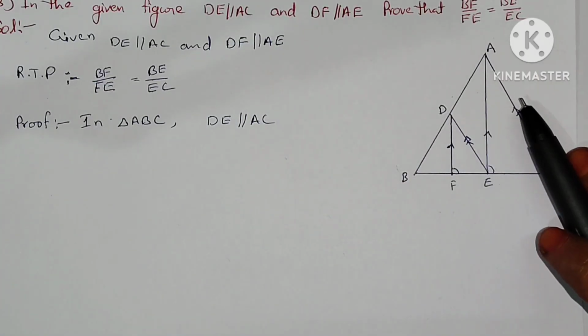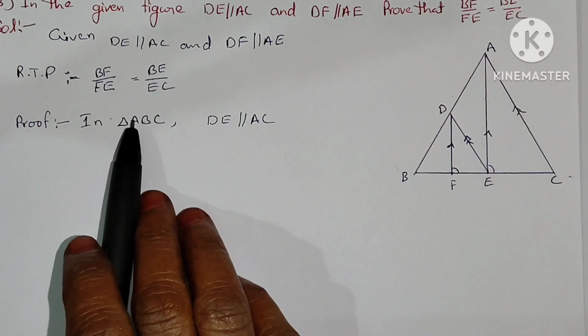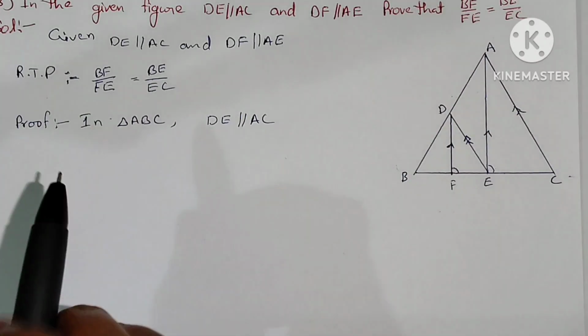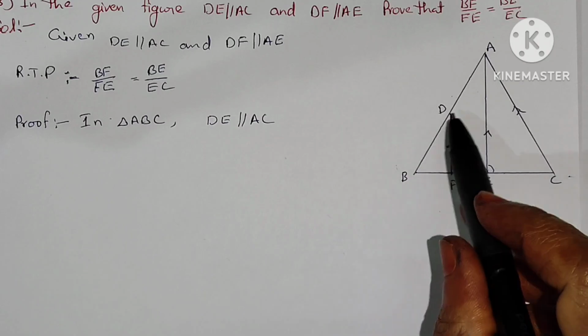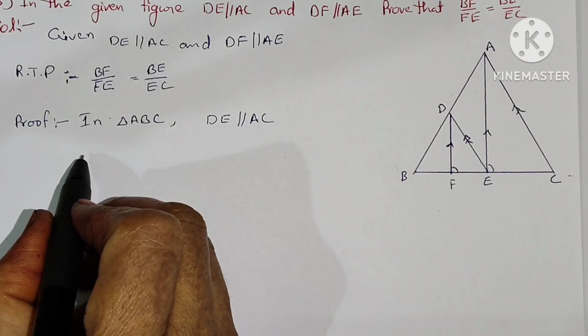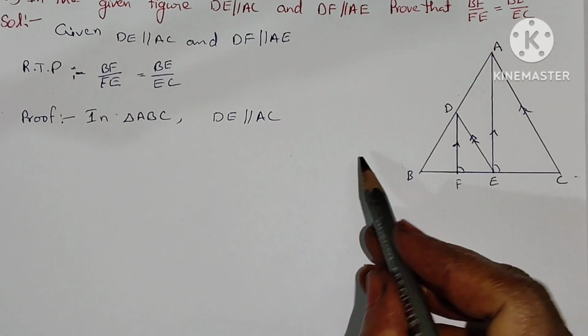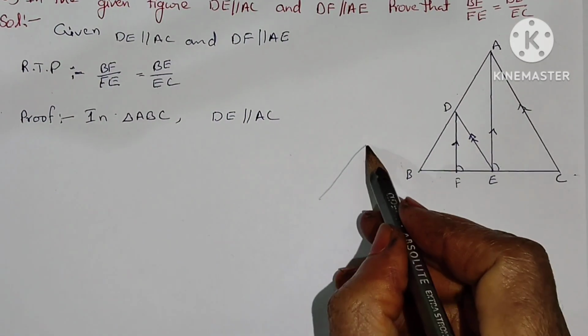So we use the basic proportionality theorem: AD by DB equals BE by EC. If you are confused, we draw the subdiagram here, ABC.